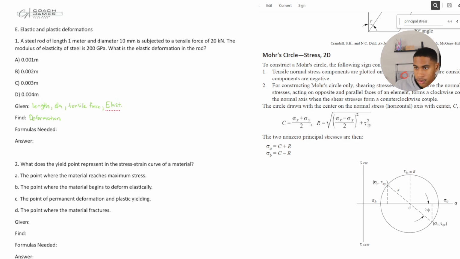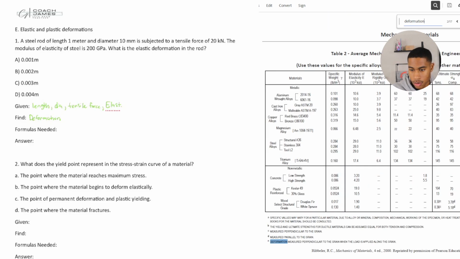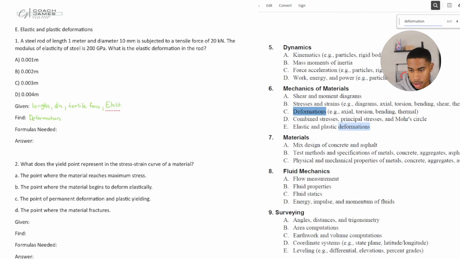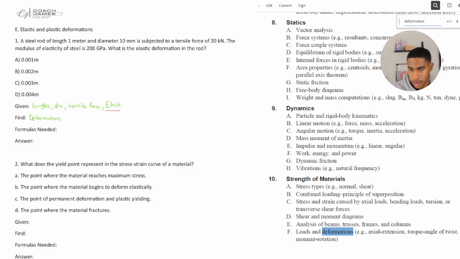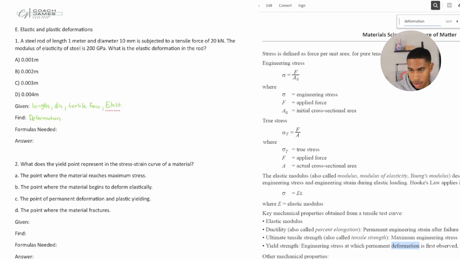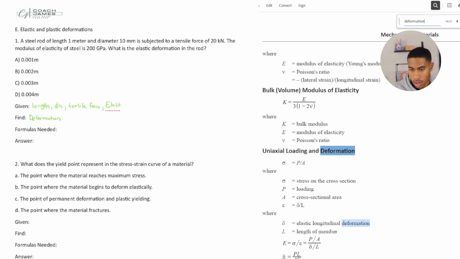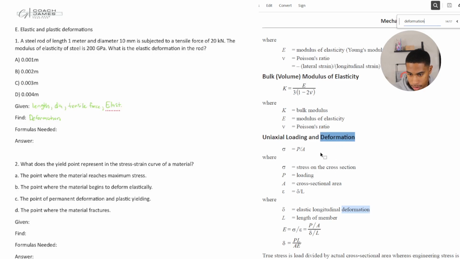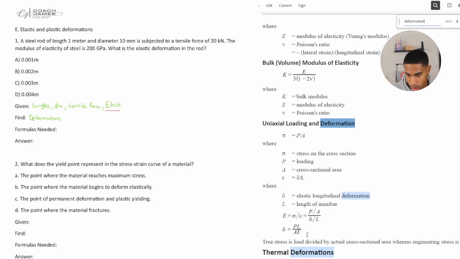All right, so hopefully you've seen this before. Very popular deformation question. So I just did a search for deformation. And it's axial, so this is going to be on loading and deformation, but specifically the elastic longitudinal deformation.